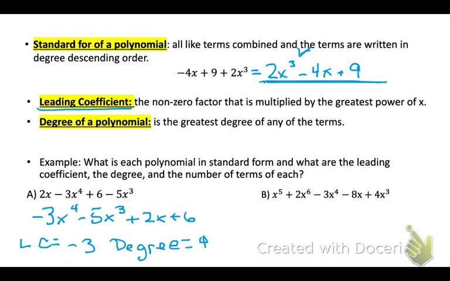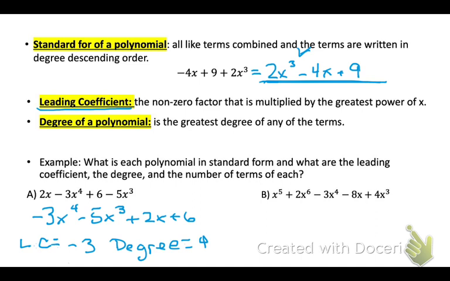But if you have more variables, like x and y, you add the degrees together. It's only if you have more than one variable, and that's not something that you tend to do. You'll have them in higher math, but they're not going to ask you for the degree of it.